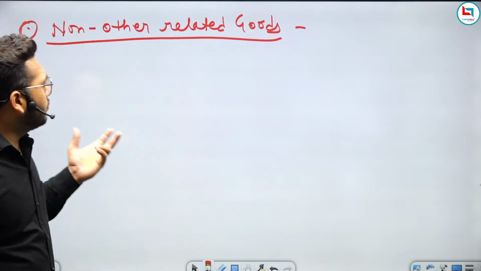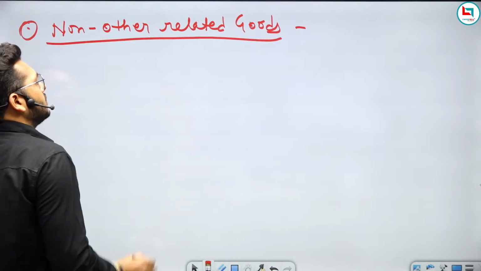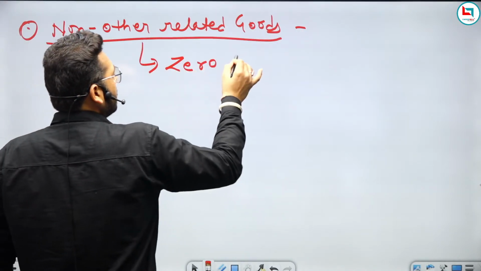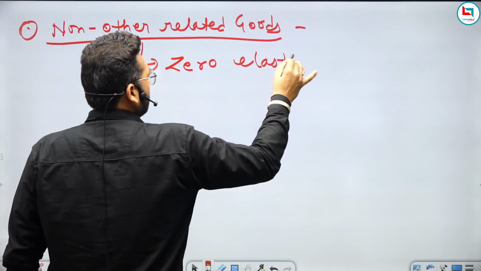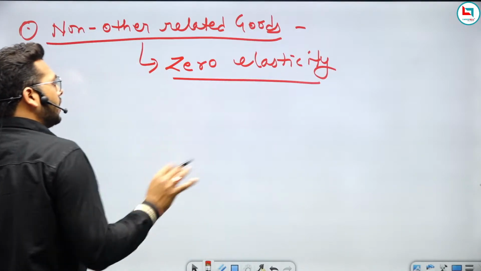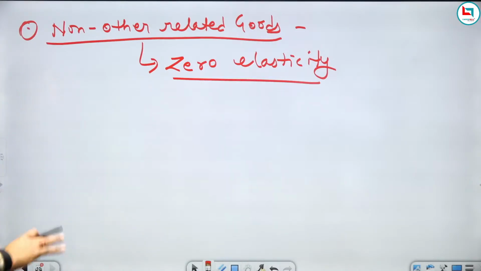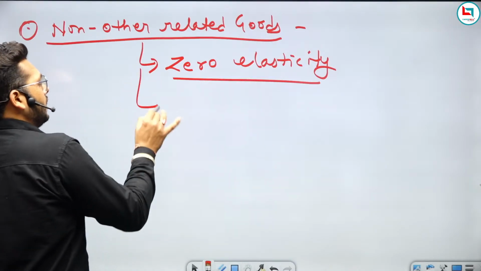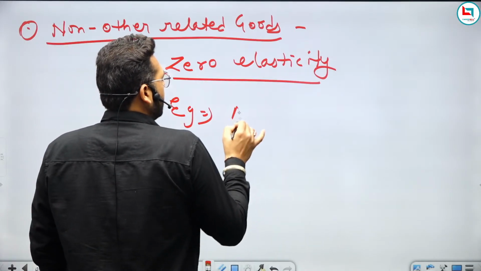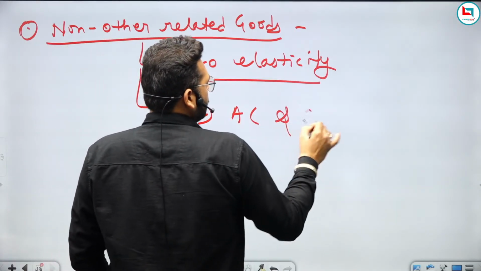If the goods are not related to each other, you have a zero elasticity. You have a zero elasticity because the goods are totally different. For example, AC and chair.